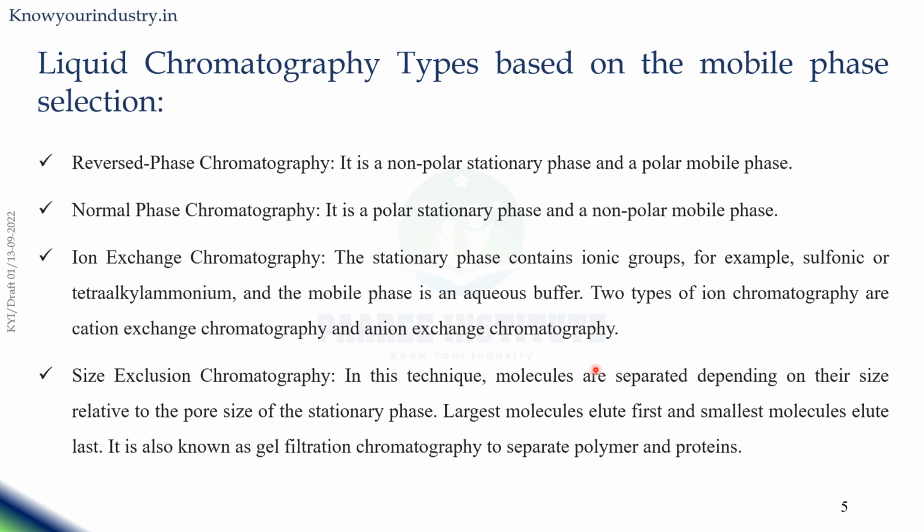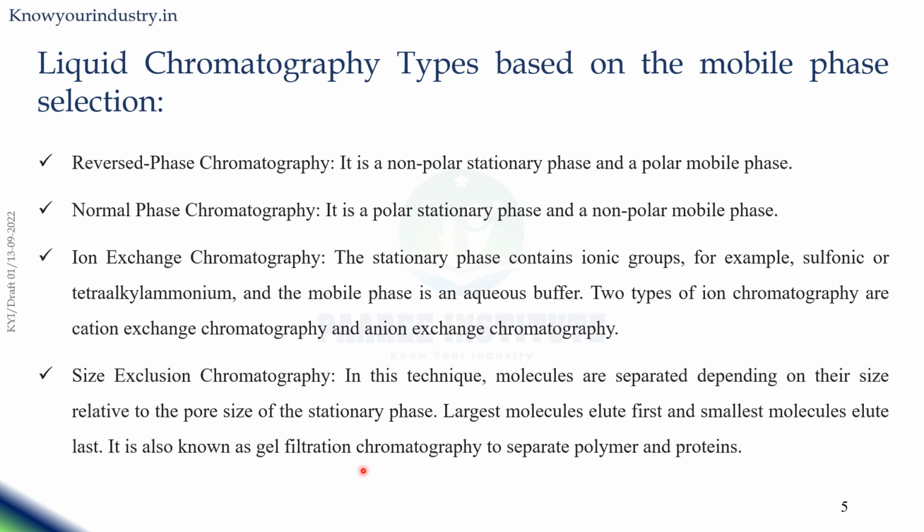In this technique, molecules are separated depending on their size, relative to the pore size of the stationary phase. The stationary phase has pores, and based on the size of the molecules, the compounds will be separated. The largest molecules will elute first and the smallest molecules elute last.